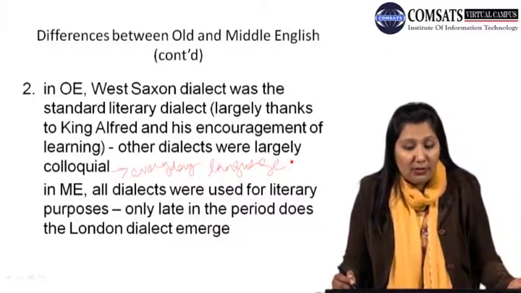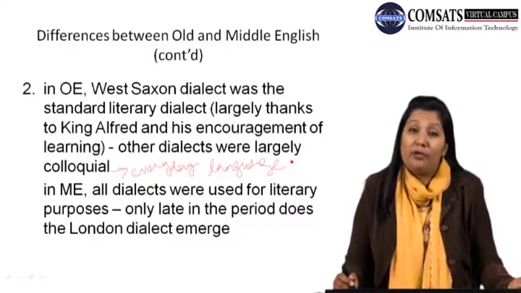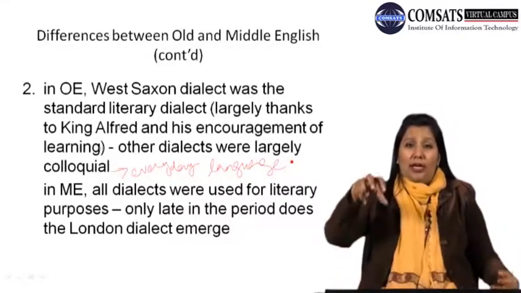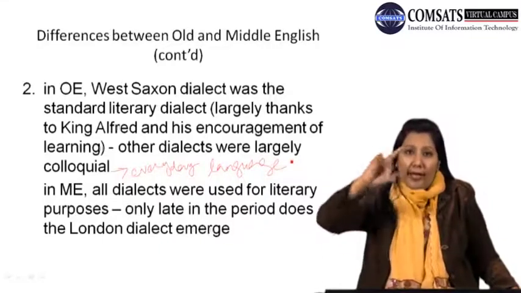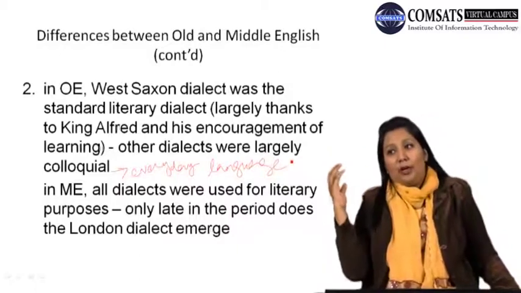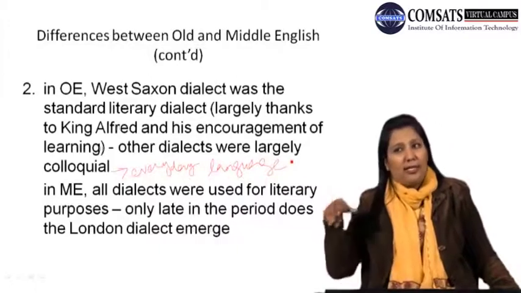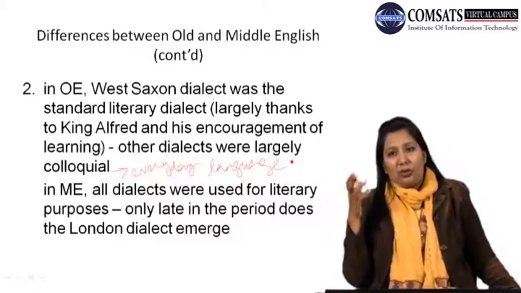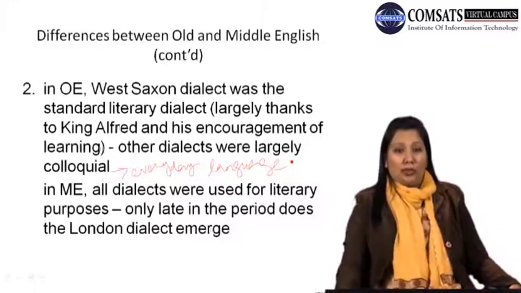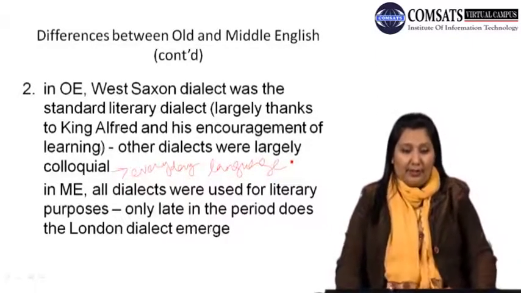In Middle English, all dialects were used for literary purposes. Only late in the period does the London dialect emerge. Yes, it's a great difference. In Old English, only one dialect was used for literary purposes, whereas the rest of the dialects, the regional varieties of the language, were used as everyday communication.